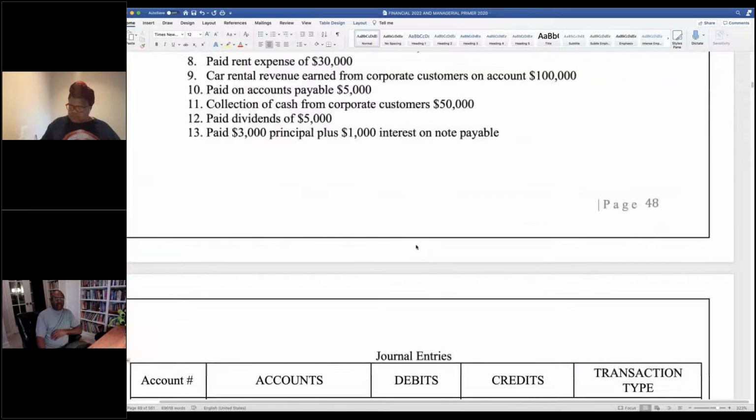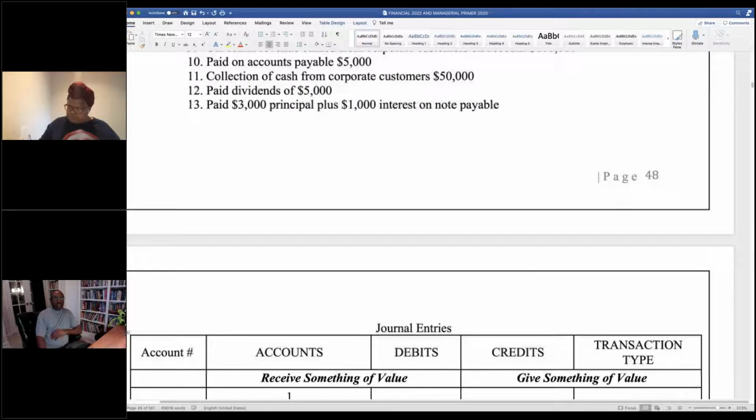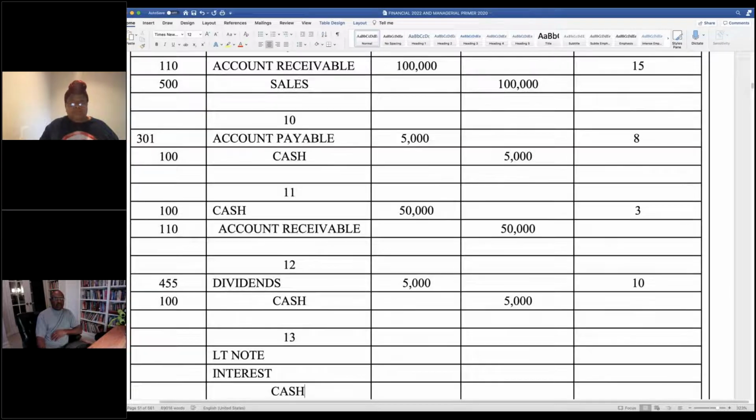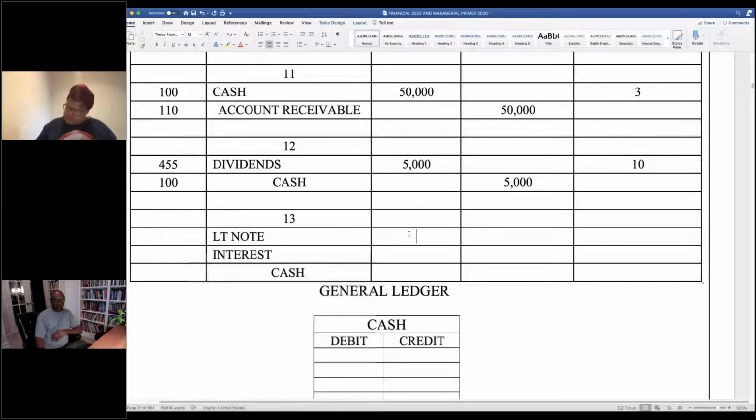So the note was 3,000. The interest was 1,000. So the total we pay is 4,000. Notice we have to be balanced: the debits have to equal the credits.